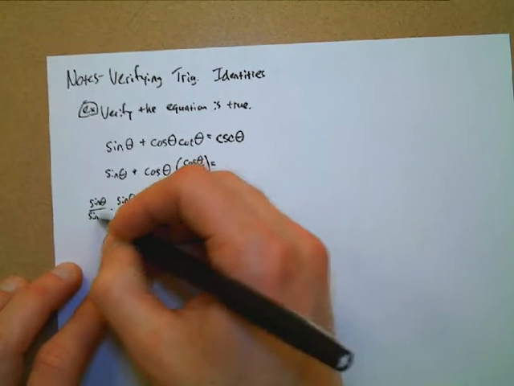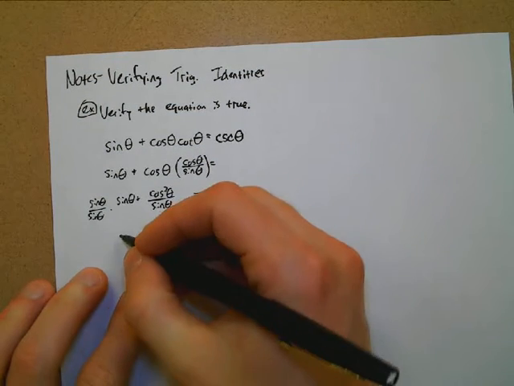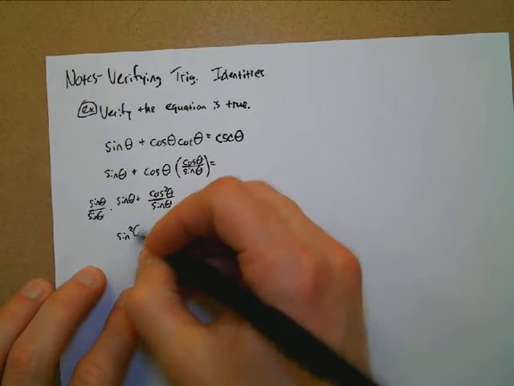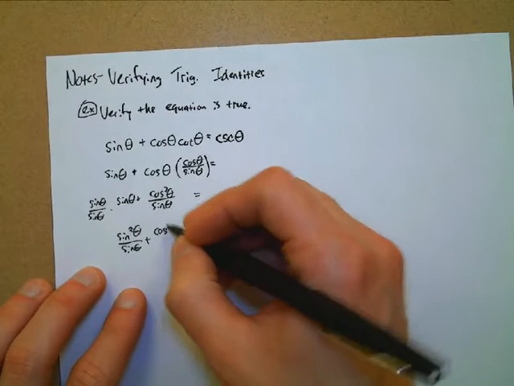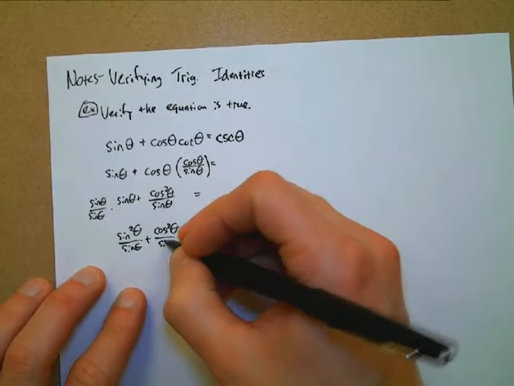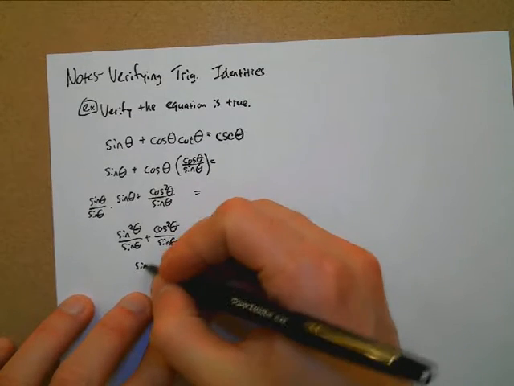And so then that'll result in sine squared theta over the sine of theta plus cosine squared theta over the sine of theta. And we can combine those together to make just sine squared theta plus cosine squared theta over sine of theta.